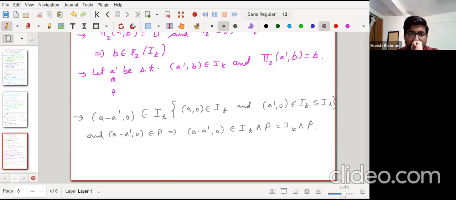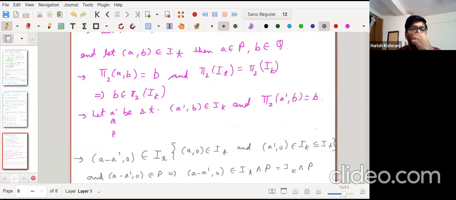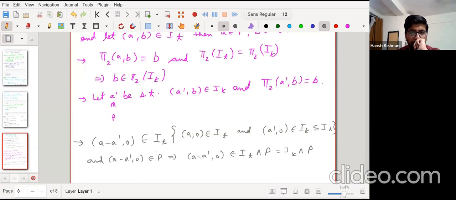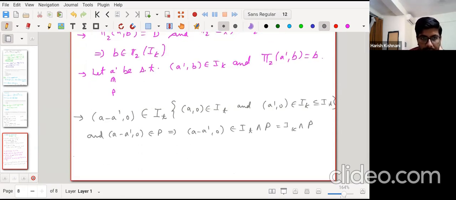Now, how can we use this part? This is (A minus A dash, 0) inside your IK. Now what is this (A, B)?